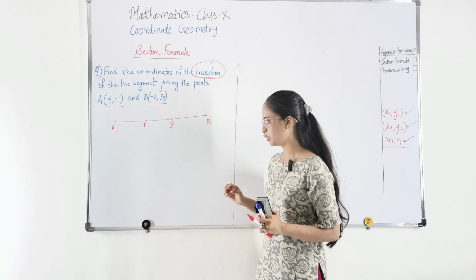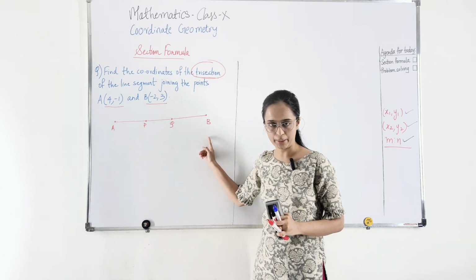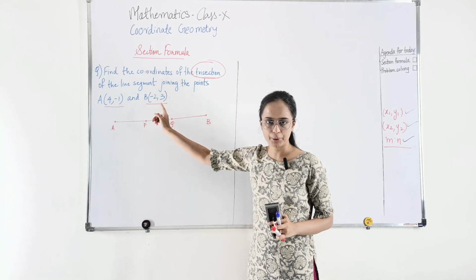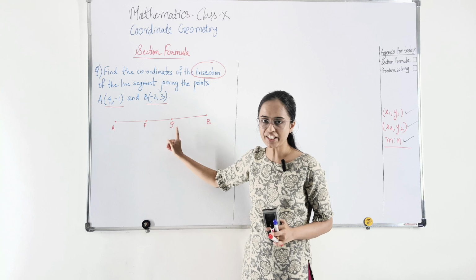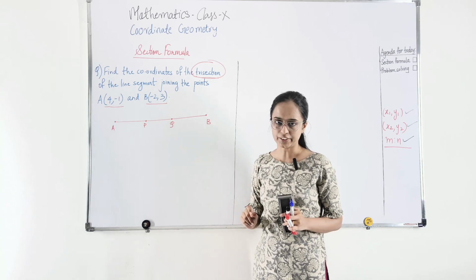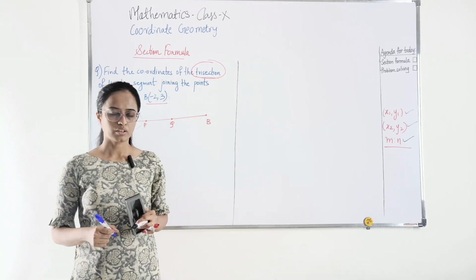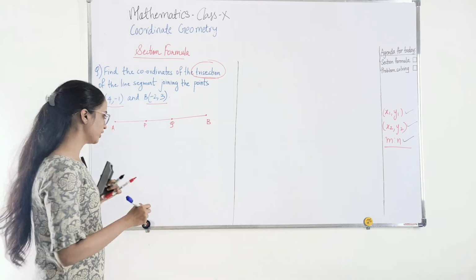So here we have assumed that we have a line segment AB. Of course, the points are given to us and it's been trisected. So let the points P and Q be the points of trisection of this line AB. We would first write the coordinates that are given to us.